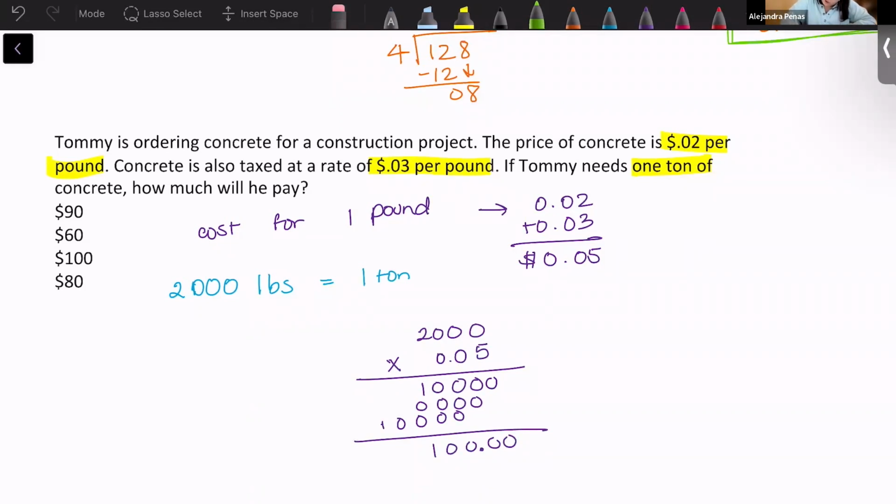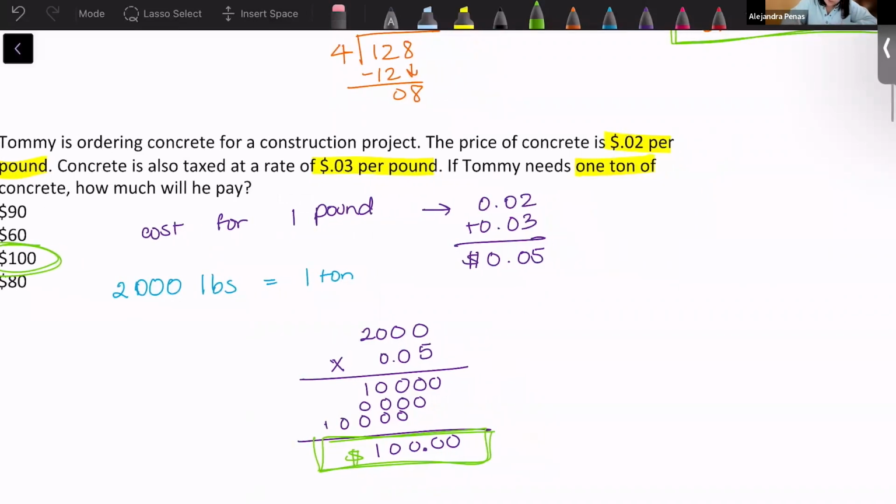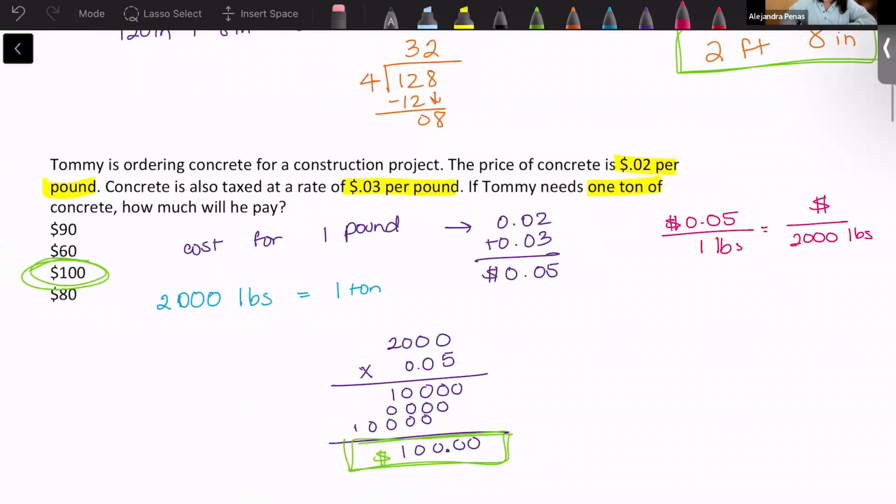So finally, the cost for 1 ton or 2,000 pounds is going to be $100. Another way that you could set up this problem is as a proportion. So you could set it up as 0.05 dollars for 1 pound, and then on the other side, you would have the 2,000 pounds and find the cost. But when you cross multiply and divide, you end up with the same answer. So there you go. Alrighty.